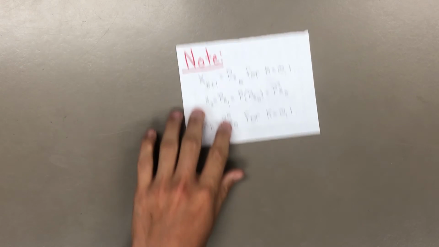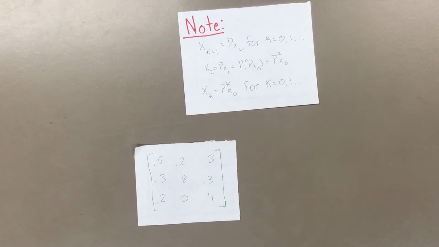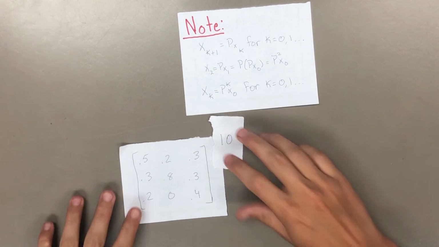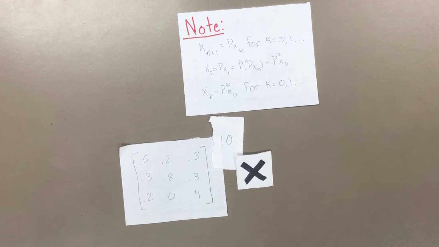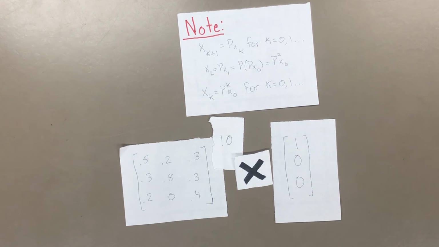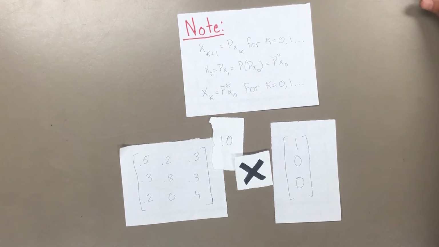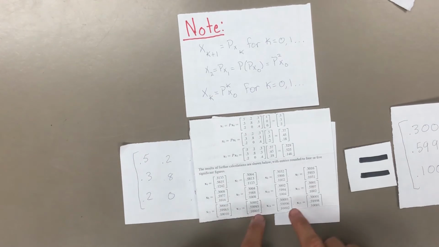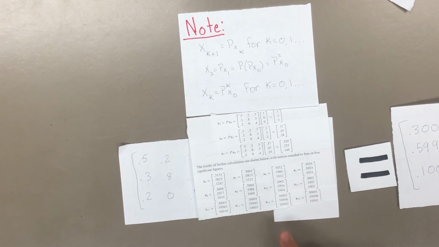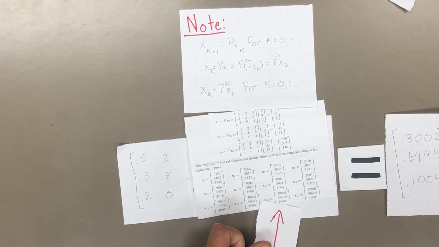That means we can take our original matrix, raise it to the 10th power, for example, and instead of doing 10 matrix multiplications, multiply that by our original probability vector, and that will equal this probability vector here. To prove this is true, you can see right here, x10 equals this same probability vector.